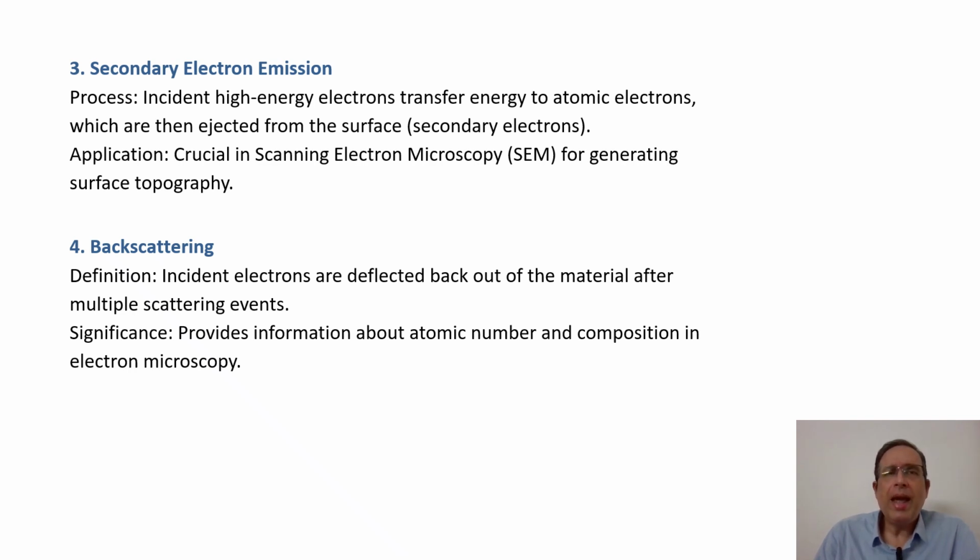Then you have backscattering, in which incident electrons are deflected back out of the material after multiple scattering events. The scattering takes place in multiple steps, and the incident electron changes its direction by 180 degrees and scatters in the opposite direction.